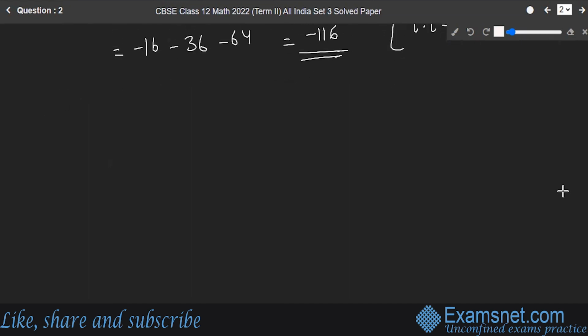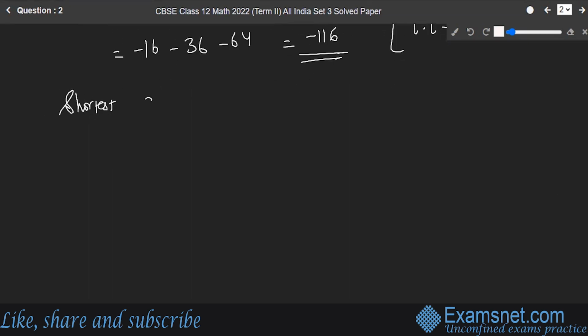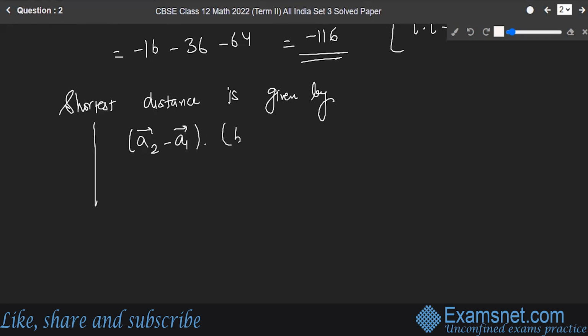Now, the shortest distance between these lines is given by the formula. Shortest distance is given by (A2 minus A1) dot product with (B1 cross B2) whole divided by magnitude of B1 cross B2.